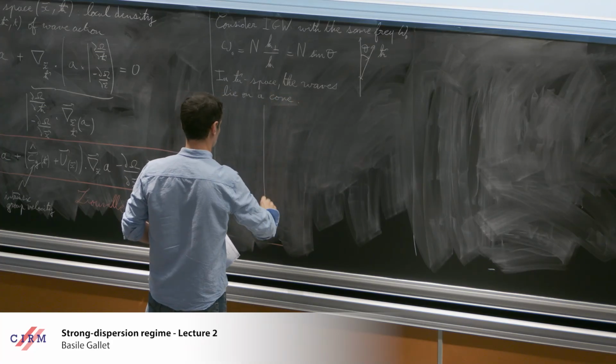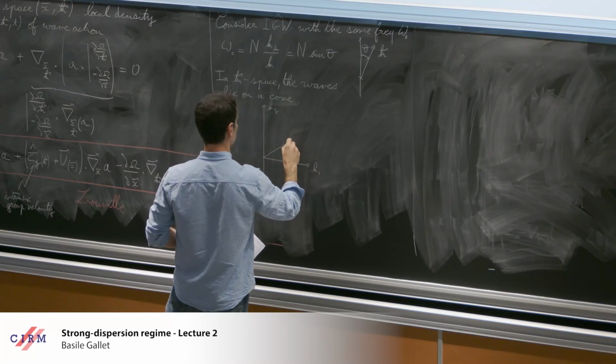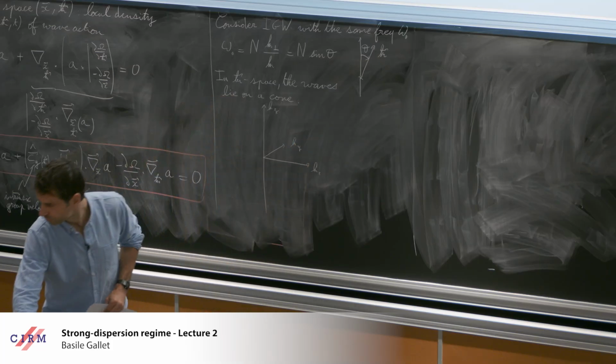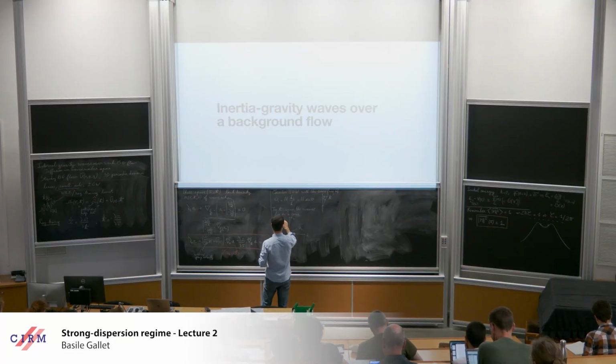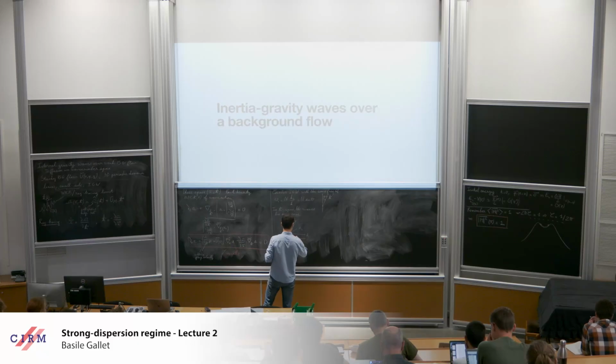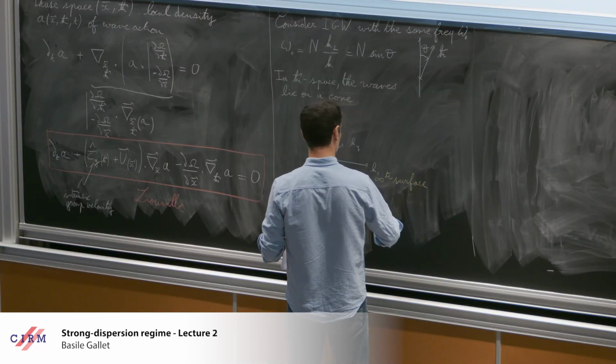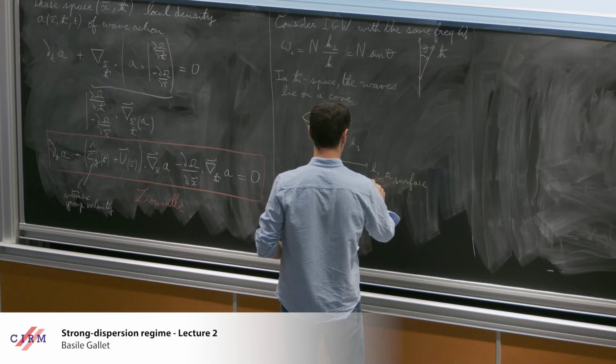Here is kz, we have kx, we have ky. The important thing about this cone is that it's an infinite surface, so it will be an infinite region of phase space.